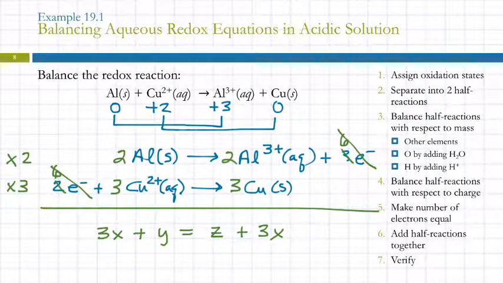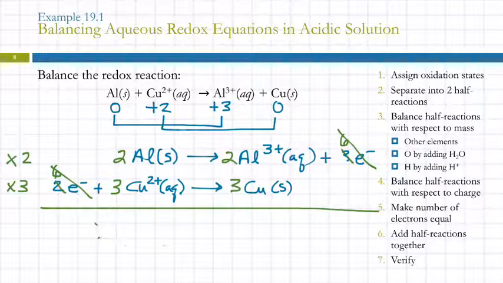If you subtract 3x from each side, they go away. So you just cross them off and y equals z. That's all I'm doing. It just looks funky because there's all these letters. So that's what I'm doing with the electrons. You're always going to end up canceling out the electrons. There should never be any electrons showing in your overall reaction.